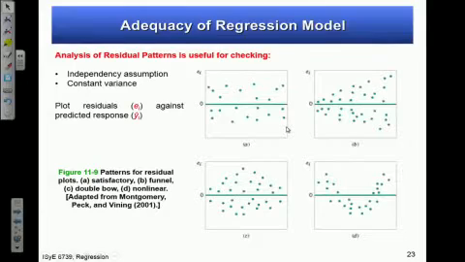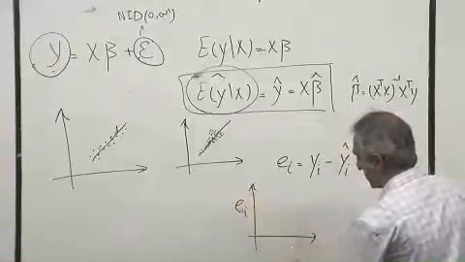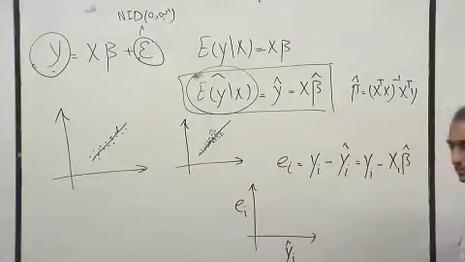So first of all, we start with plotting residual versus predicted variables. So your x-axis is predicted and your y-axis is E. So E versus y hat i.